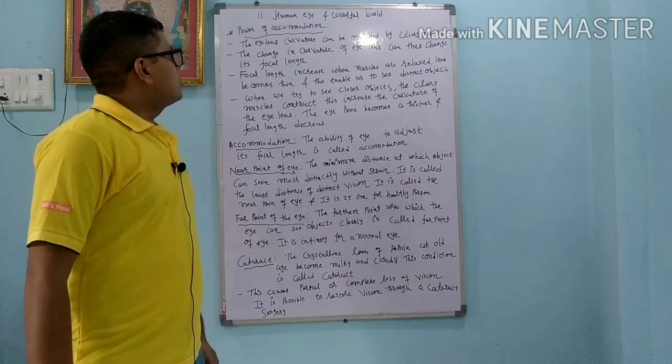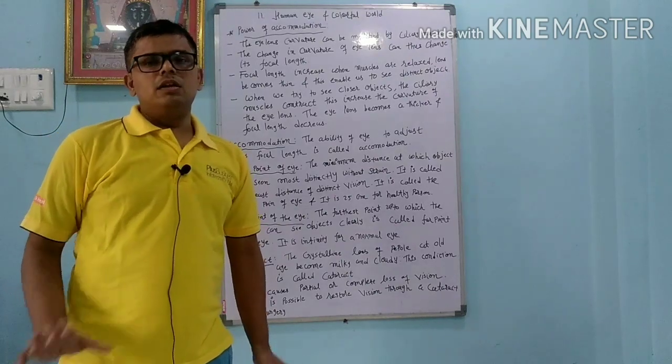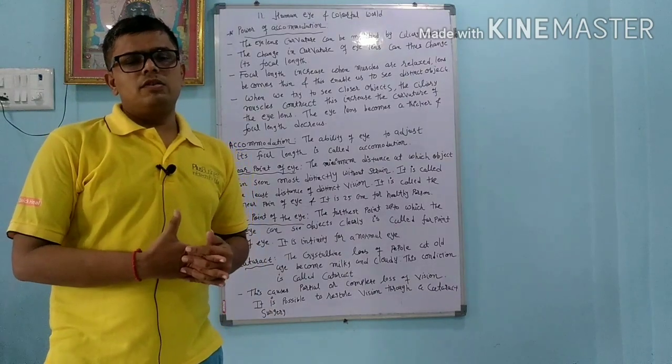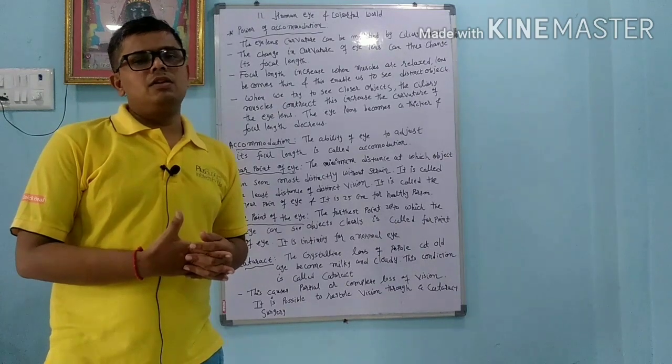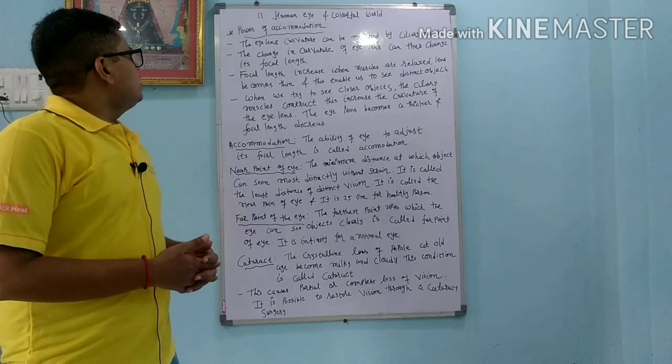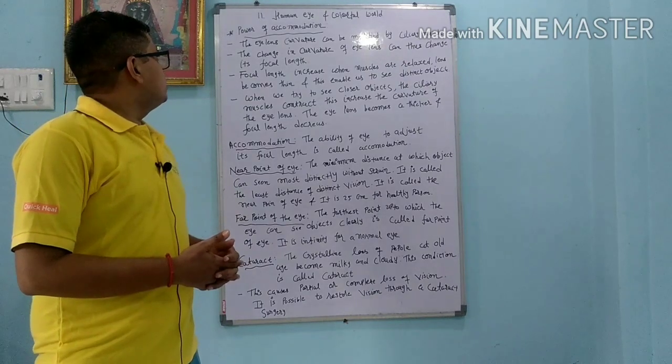The eye lens curvature can be modified by the ciliary muscle. So the ciliary muscle controls the curvature of the eye lens. Because of that, according to the condition, the eye lens becomes thin or thick. The change in curvature of the eye lens can thus change the focal length.